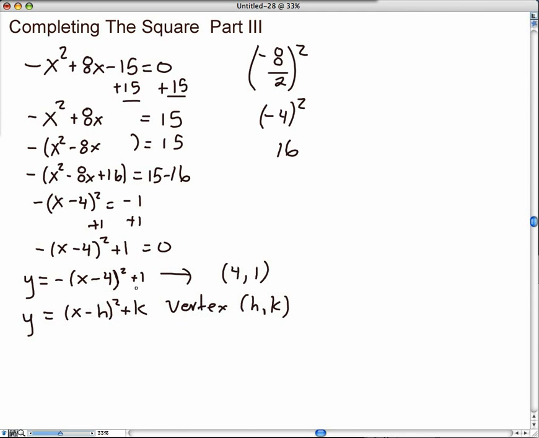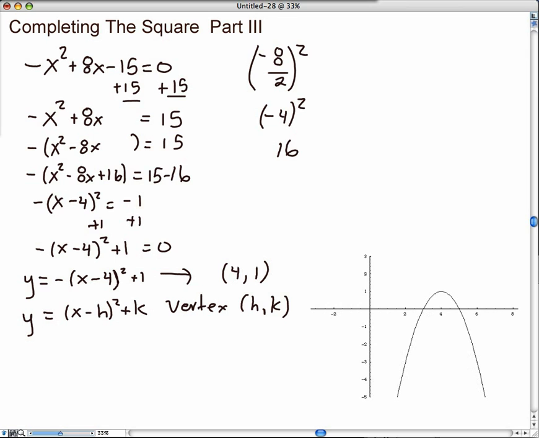Okay. So what does this all mean? Well, we've got a vertex of (4, 1), and we also know that the parabola is pointing down, or it has a sad face. So how does this graph look? Well, here it is. When we use a graphing calculator or the computer, we can graph any of these functions.